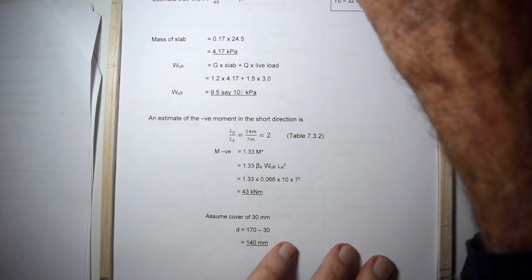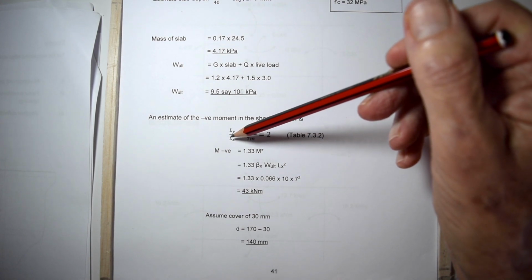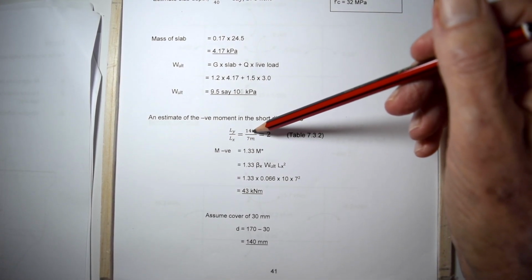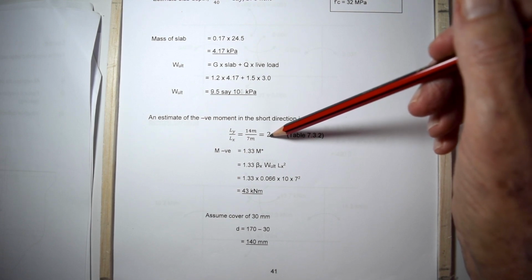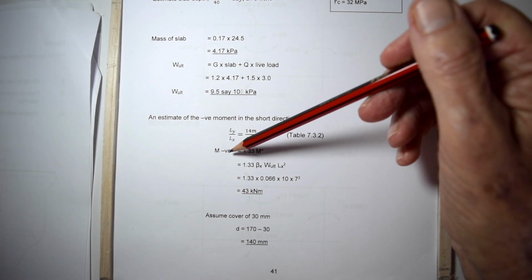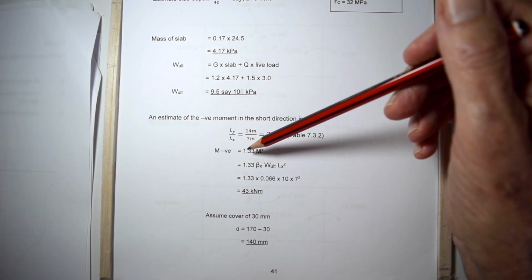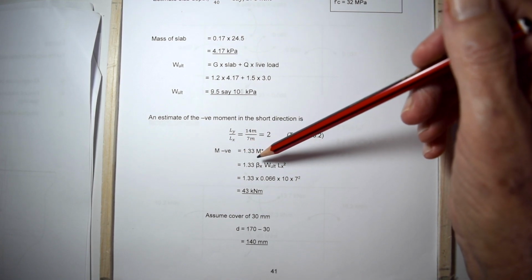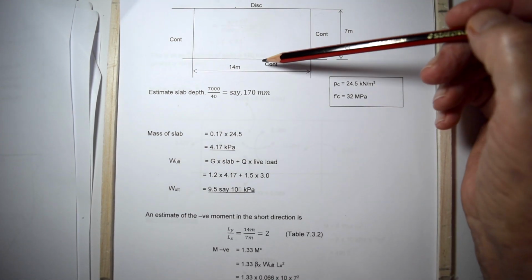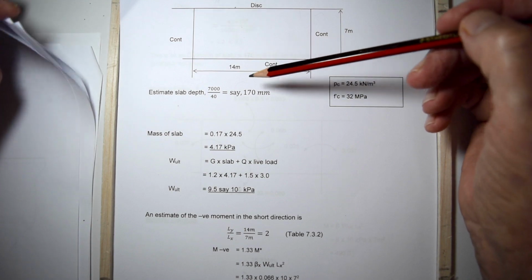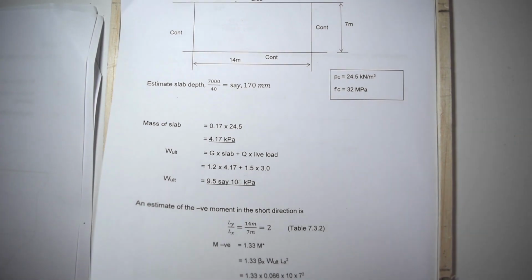An estimate of the negative moment in the short direction is, Ly over Lx, as I said to you before. You need that to enter the table. It's a factor of 2. And your biggest moment is going to be the negative moment on this continuous edge over here. Let me just check on that.